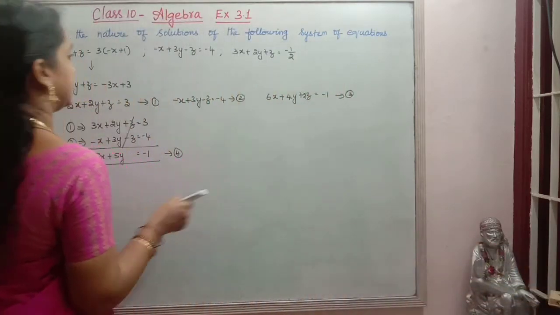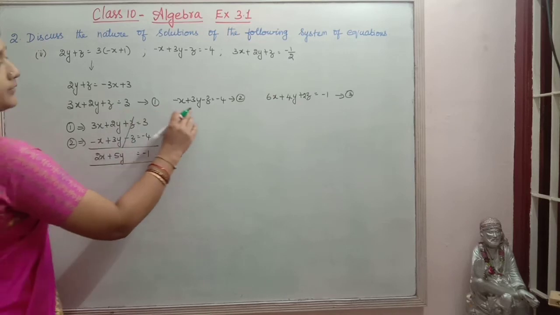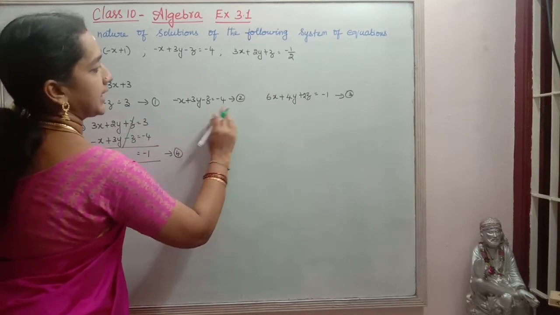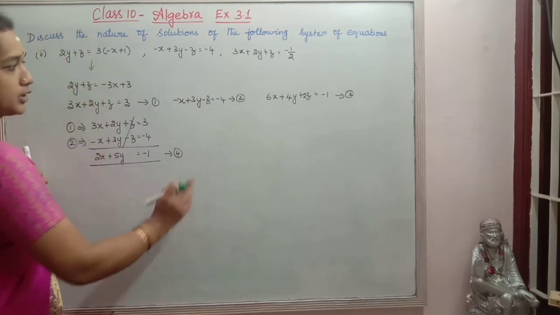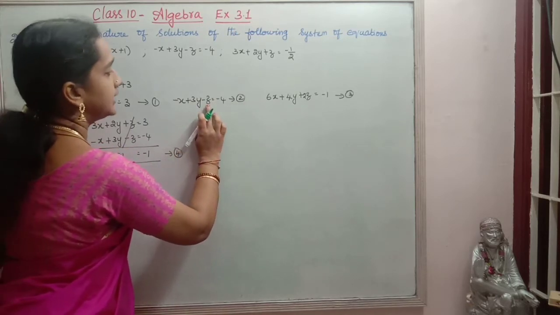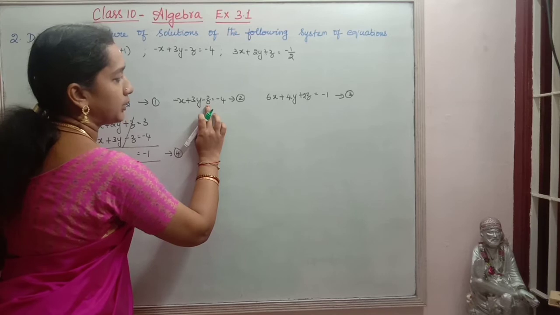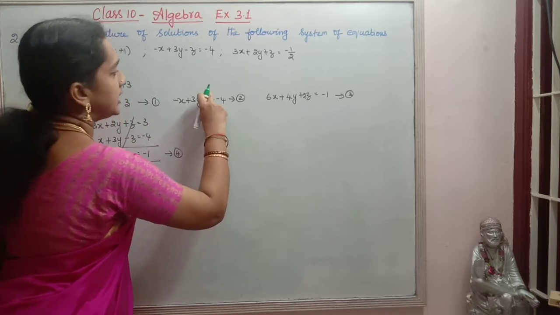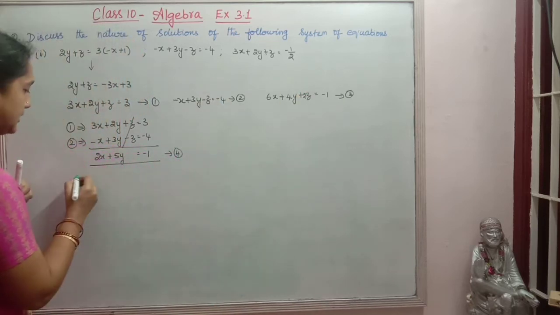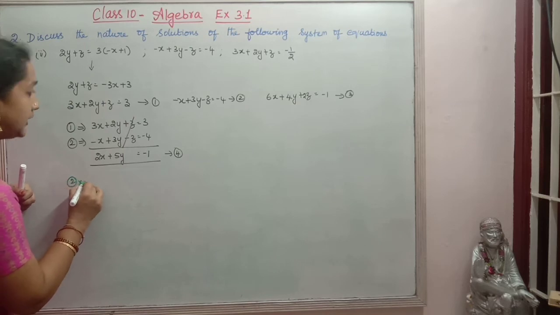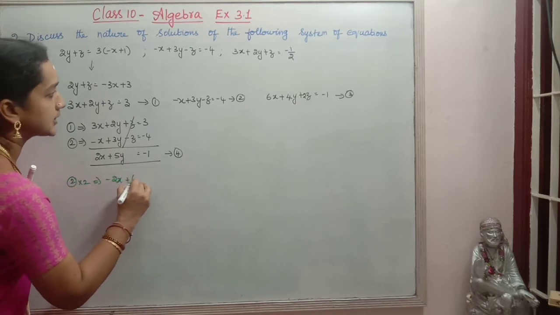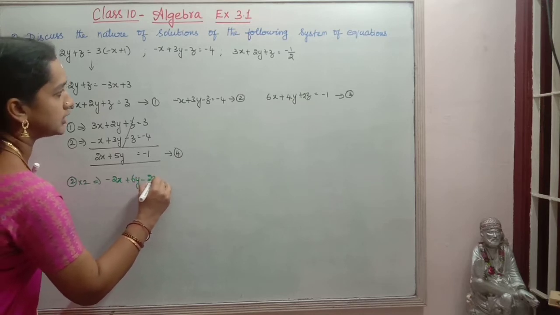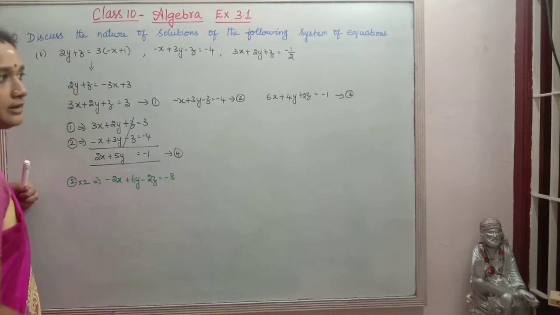Okay, now we will take the other set. The second equation and third equation I will take, and I cancel this z. For cancelling z, I have to multiply the second equation by 2, then only this z will get cancelled. So second equation into 2: minus 2x plus 6y minus 2z is equal to minus 8.